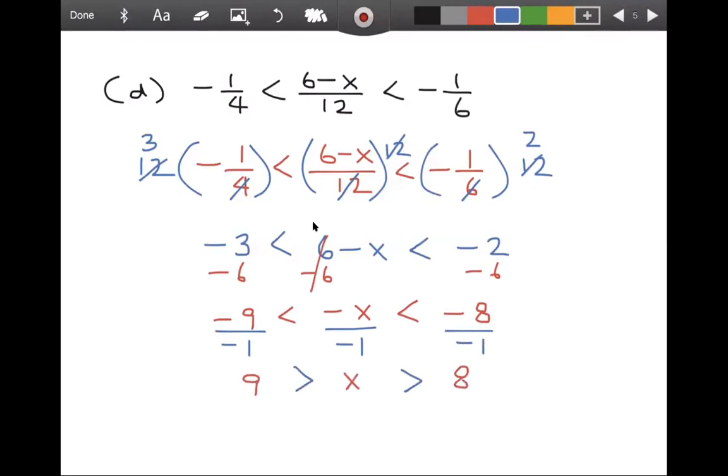So what you have to understand about this, 9 is greater than x is greater than 8. This is kind of like saying John is taller than Bob and Bob is taller than Mary. That is exactly the same thing as saying Mary is shorter than Bob and Bob is shorter than, who did I say, John? Okay, all right.